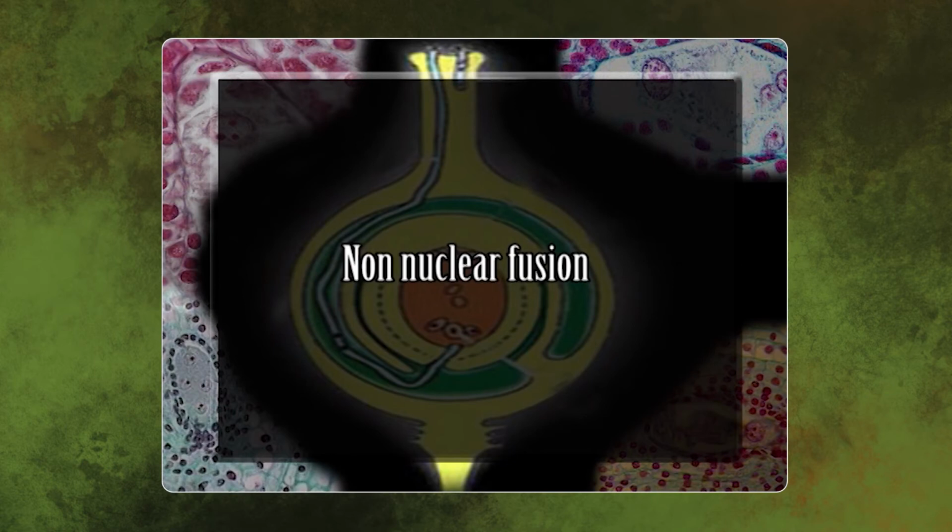Depending on whether nuclear fusion occurs or not, number of post-meiotic mitoses in the coenomegaspore and final organization of embryo sac, tetrasporic embryo sacs are of many types. The first is where no nuclear fusion occurs. First is Adoxa type.